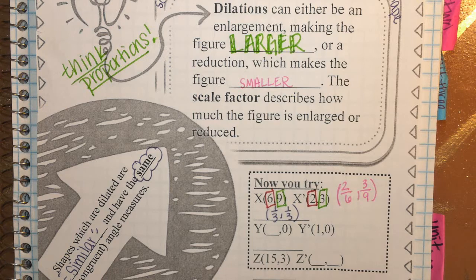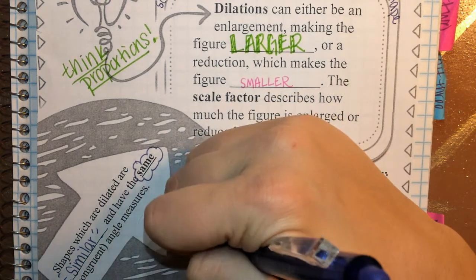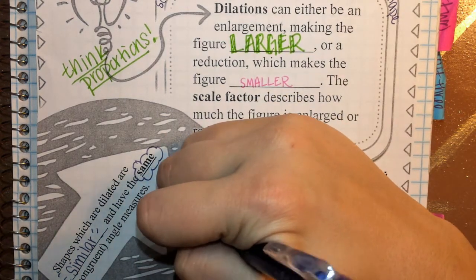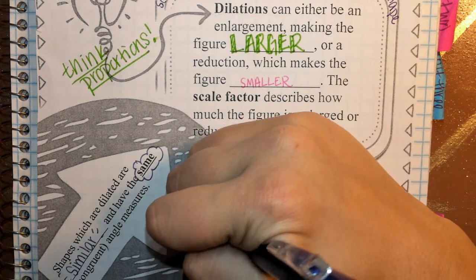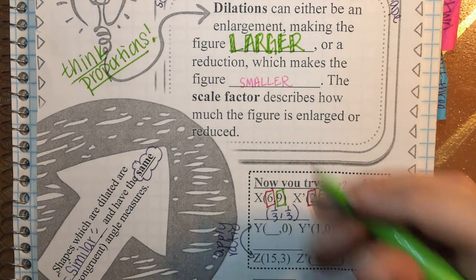Okay, now we wrote think proportions. We're going to apply our ratios here. Apply ratio to get your missing pieces. Now we know that our y prime is 1, and we're going to divide that by our ratio so that we can get our original pre-image coordinate.